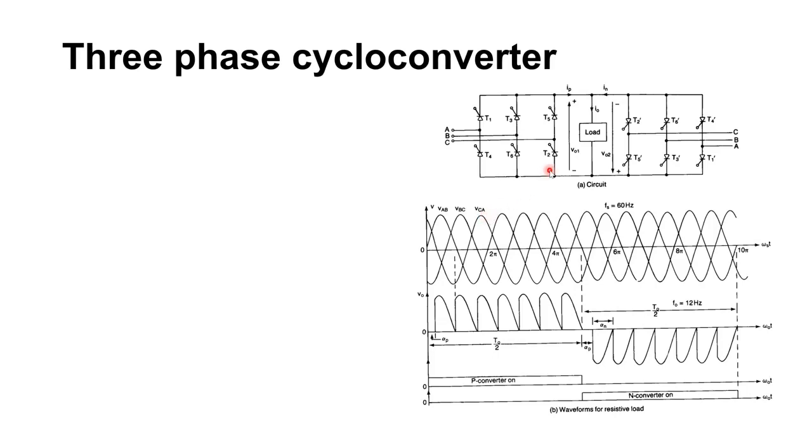So you have to turn the P converter on, that means the first part is your P converter, so you have to turn this on to have positive voltage in the output, and you turn on your N converter depending on the frequency that you need. So you will decide how long you need to keep these things on. Depending on that, you will turn on your N converter, and you will get the output voltage like this.